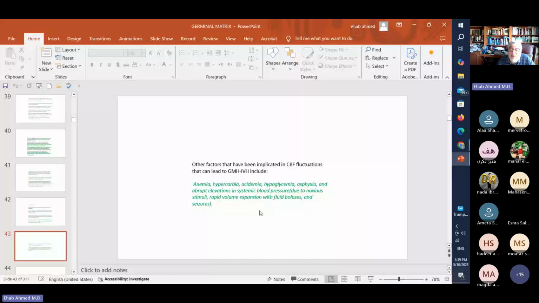If you have a preterm baby who has hypotension, you have to go up slowly on the blood pressure. If you go up suddenly, increasing the blood pressure, this fluctuation will cause hemorrhage. Also, rapid volume expansions. That's why we don't like to give boluses to preterm babies unless we have to, and we give it slower than in term babies.